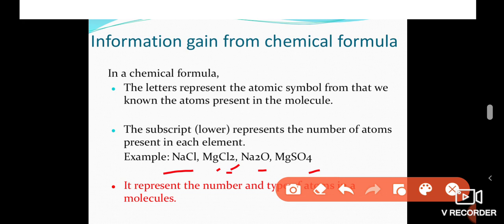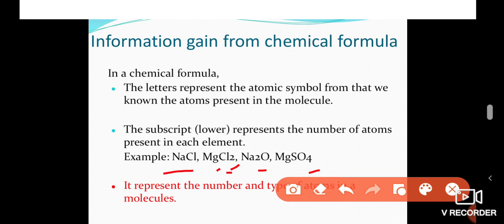Like that, look at the fourth example, MgSO4. Here SO4 is a polyatomic ion. Mg represents the magnesium atom. S represents the sulfur atom present in the molecule. O represents the oxygen atom present in the molecule. After Mg there is no number, which denotes only one magnesium atom.